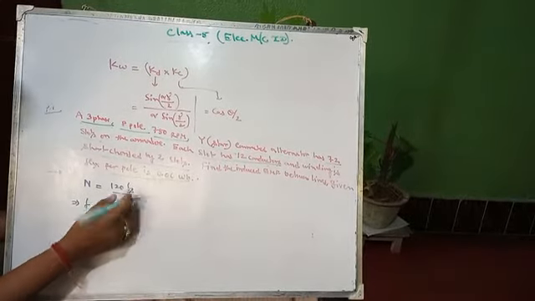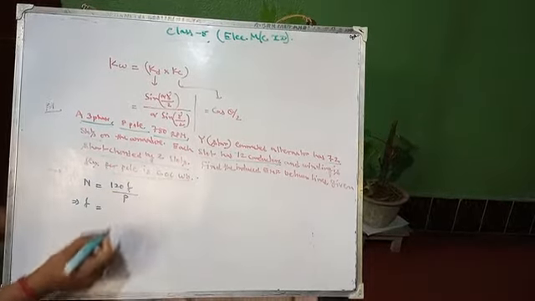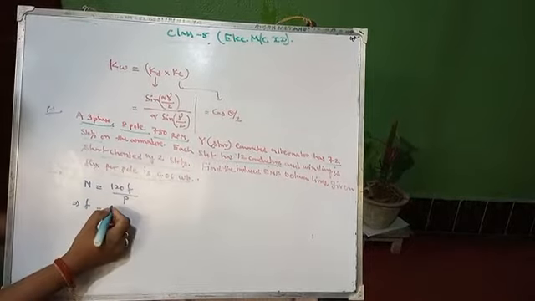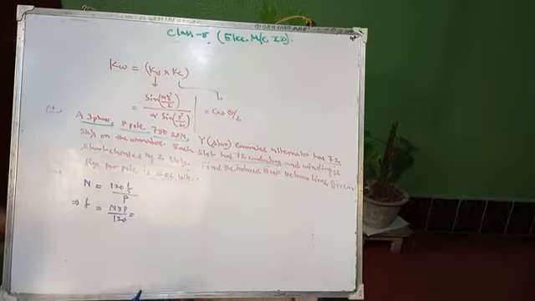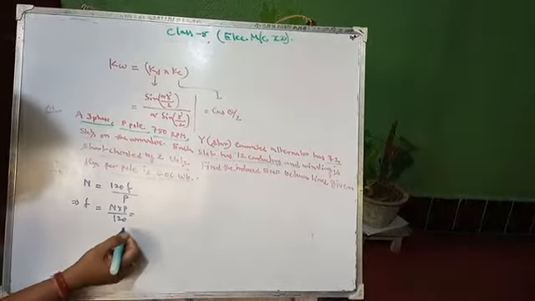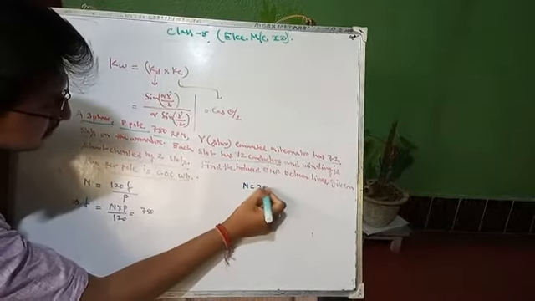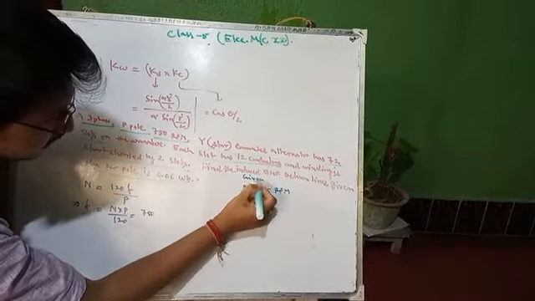So F equals N into P by 120, because N equals 120 F by P. For this case N, the speed, is 750 rpm. These are given data.